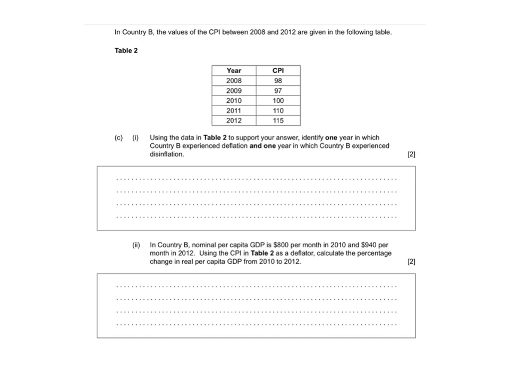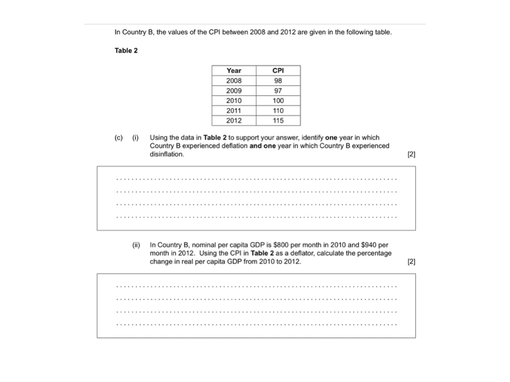The second part here asks us to calculate the change in real GDP per capita from 2010 to 2012. Now we're given the nominal GDP per capita, and we're asked to use the inflation data in Table 2 as the deflator to convert nominal to real values. So that's where we're going to start.